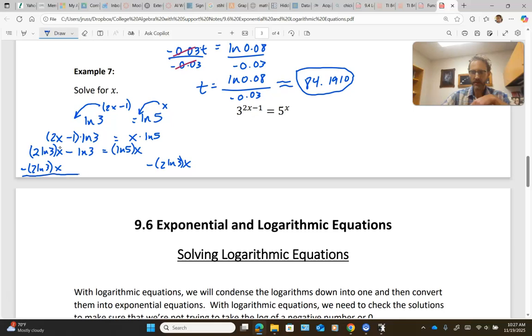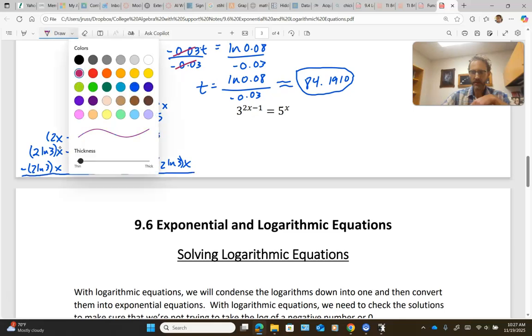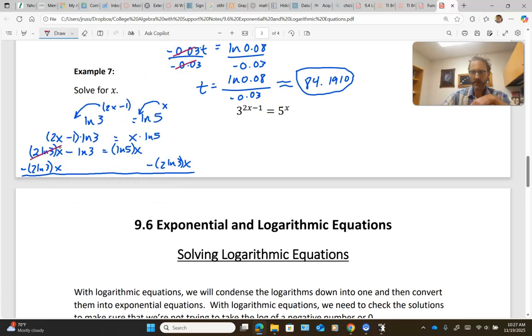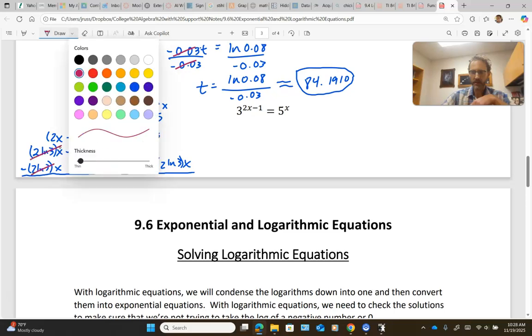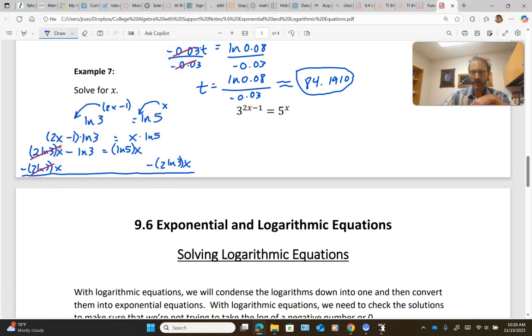And so you can draw your bar like normal. On that left-hand side, these two terms will become 0. That'll leave us with just the negative natural log of 3 equals, and then on my right-hand side, I'm just going to rewrite everything.